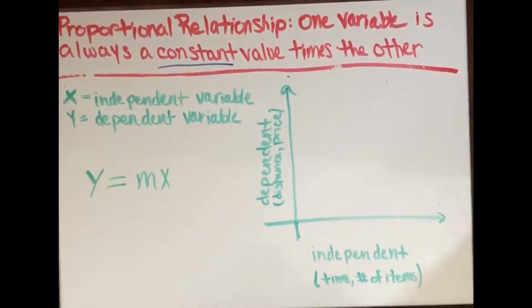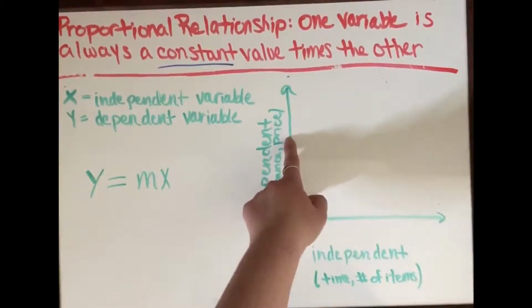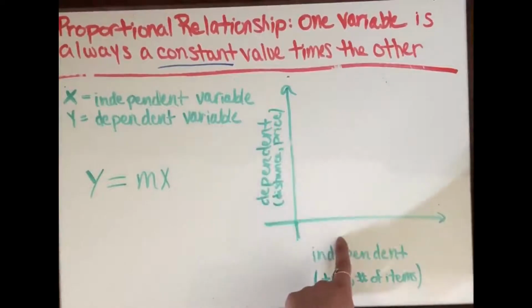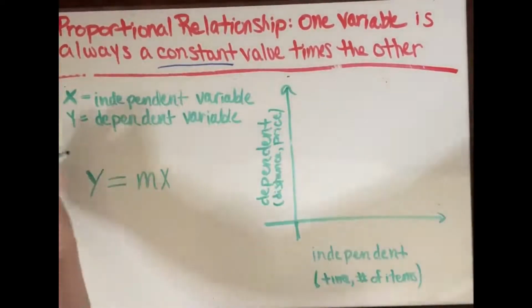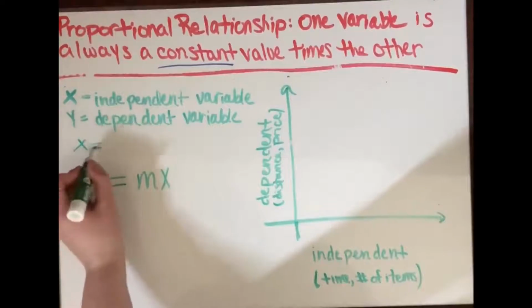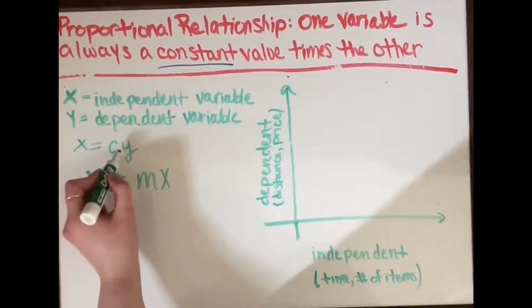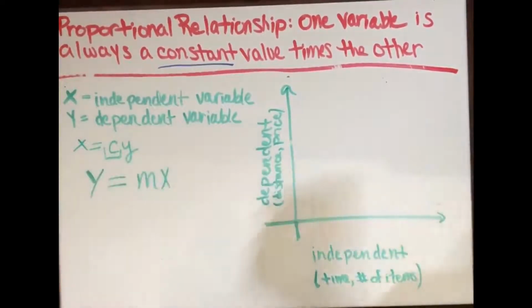So if you have 6 cans that cost 25 cents each, the total price will depend on how many cans we buy, right? So we can transform our equation from before, x equals c y, where c is the constant of proportionality, into y equals mx.